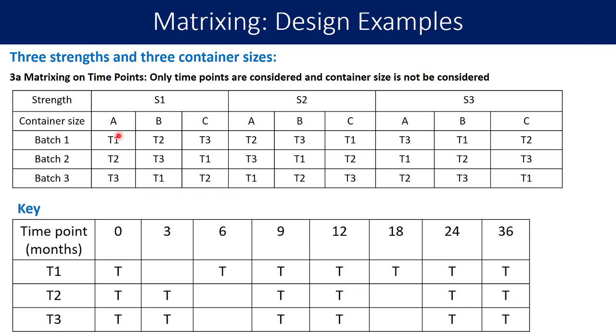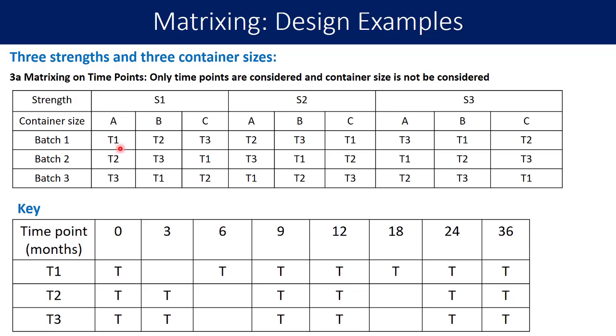These are the time points I need to consider when I talk about the S1 strength, the container size A, and the batch 1, that is T1. I repeat, if I talk about the strength S1, again the container size A, and the batch 1, I should have the T1 testing plan.